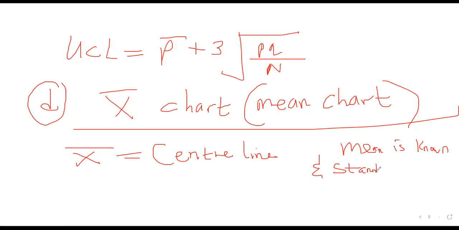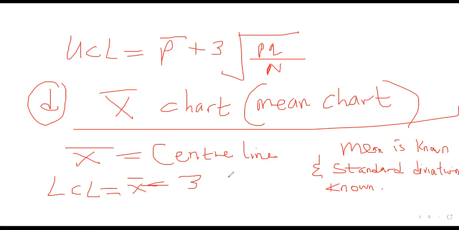So for X bar, the lower control limit is equal to X bar minus 3 standard deviation over the square root of N. So this is when the mean is known and the standard deviation known. It's given by this one. So this is minus.